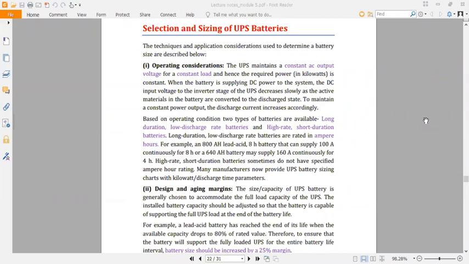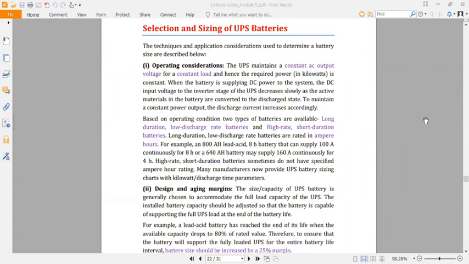That means the discharge rate is less. If we connect any load to a particular battery, the battery will start discharging. It is supplying power to the load and getting discharged accordingly, but this discharge rate is slow, so you can provide power to the load for a longer duration. This is one method.